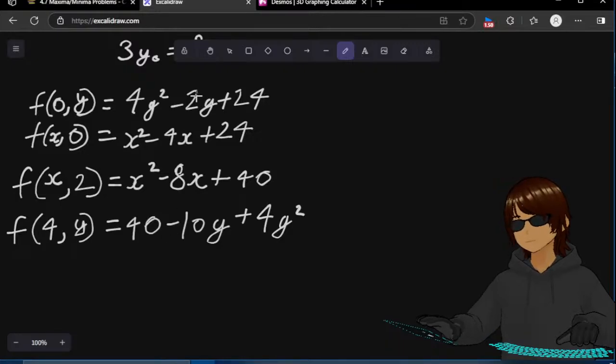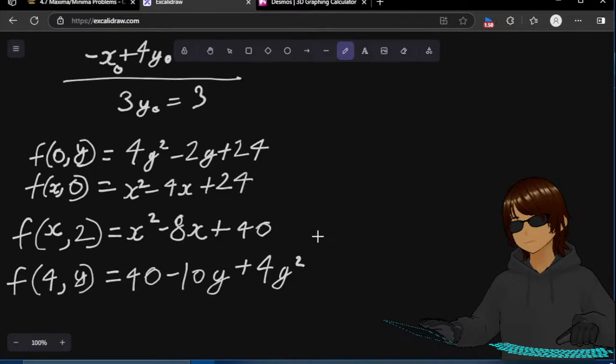Now what? Do we find the derivative at each point? Do we find the critical points on each of these points?